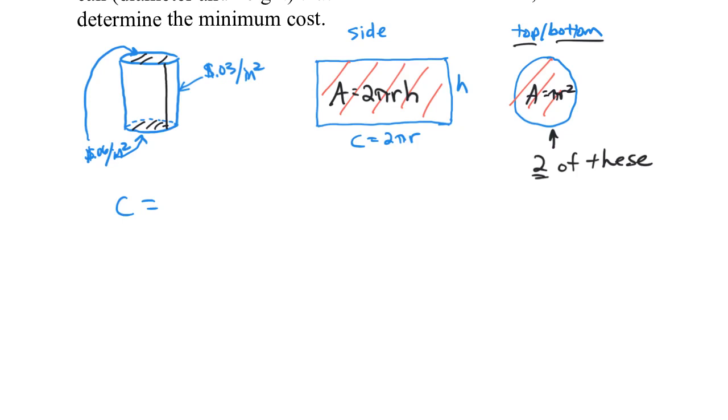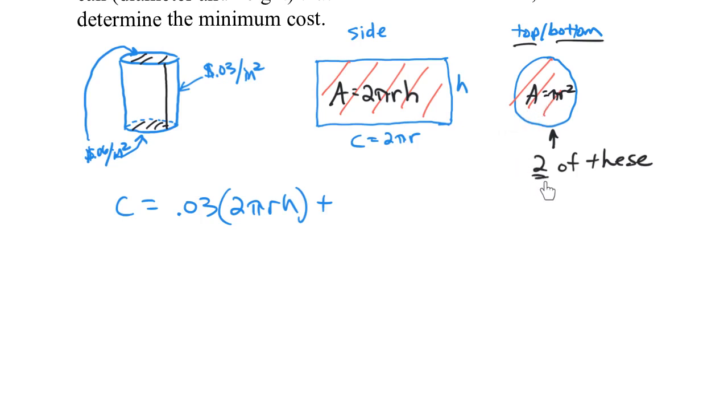So to think about this cost, we can now figure the cost of this. Here's the area of this, and whatever the area is, we're going to multiply it by 0.03. All right, so the cost is going to be the 0.03, the cost, times the area, 2 pi r h, plus we need to add the cost of this.